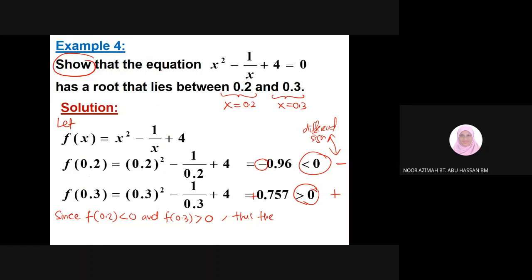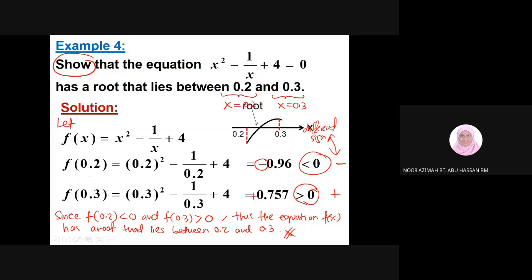To show that the equation has a root between what and what, answer back the whole sentence. The equation of f(x) has a root that lies, just copy back the sentence, between 0.2 and 0.3, a perfect conclusion.